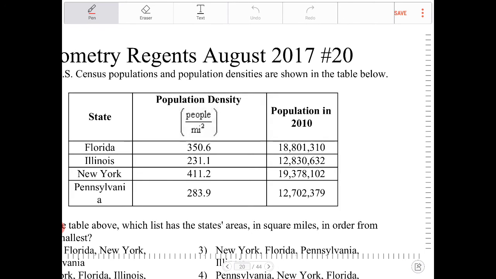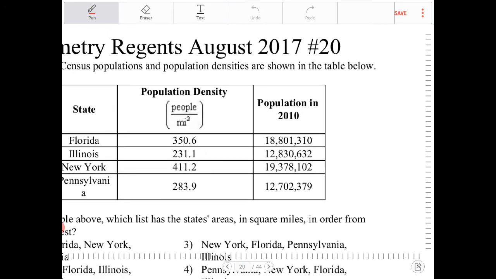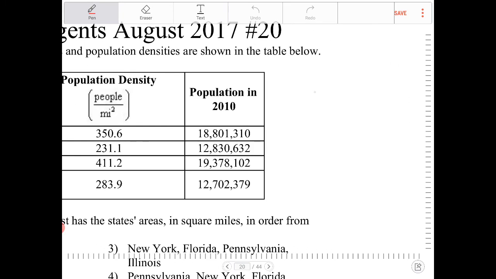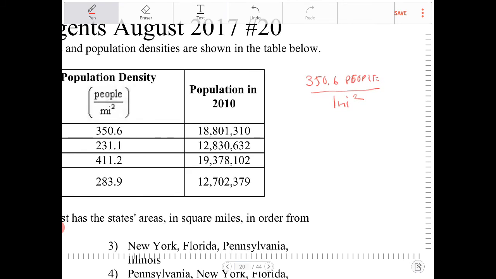in the chart here. So notice that in Florida, right now we have 350.6 people per 1 mile squared. And then the population is not 18,000, but 18,801,310.